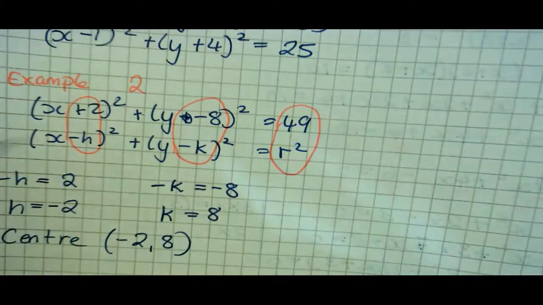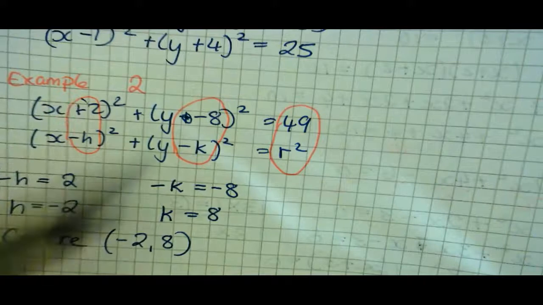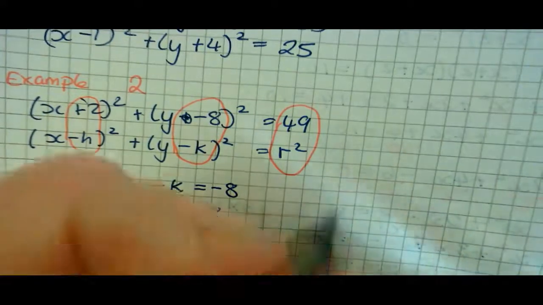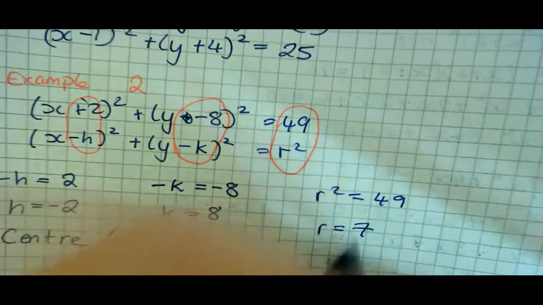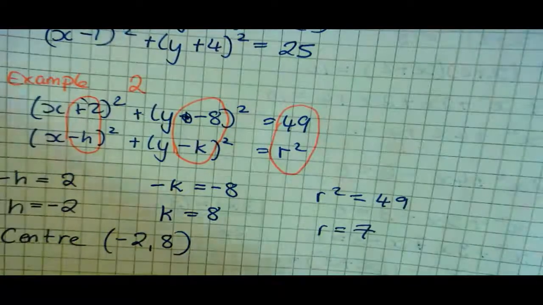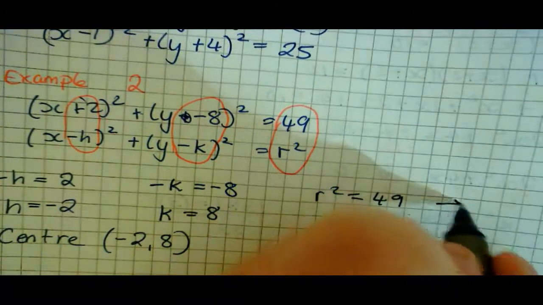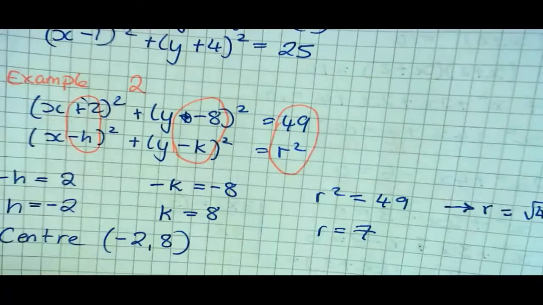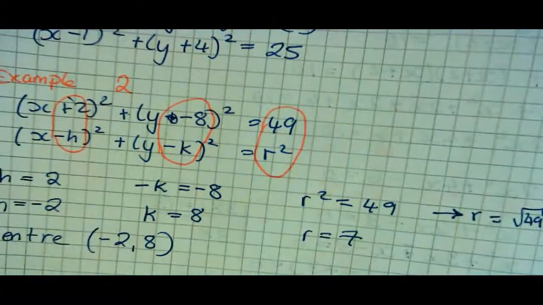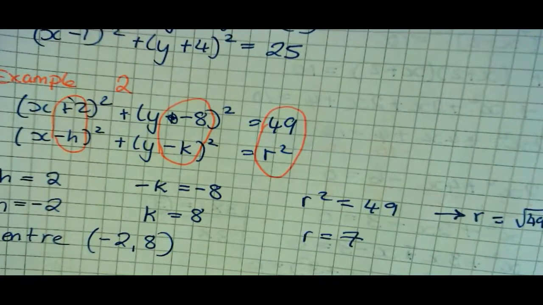Okay, so straight away, that's what you'll be doing every time. And then we can say that r squared is equal to 49, so r is equal to 7. Okay, so it's the square root of 49.